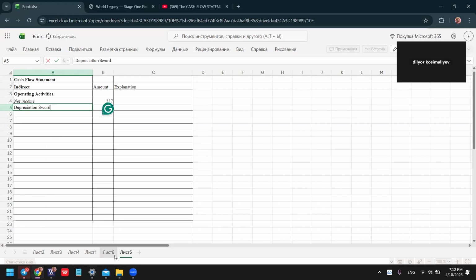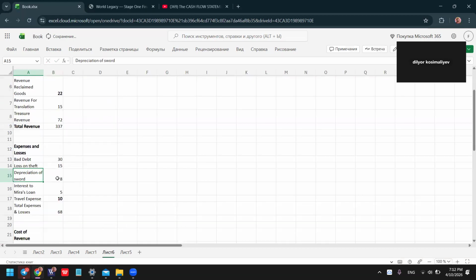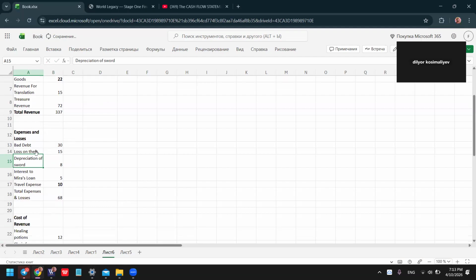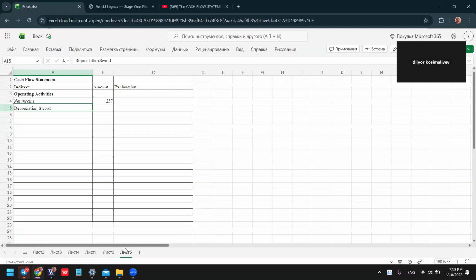As we can see, it was deducted from our net profit as an expense, but it doesn't include a cash transaction, so it doesn't affect our cash balance. That's why we add it back: plus 8.